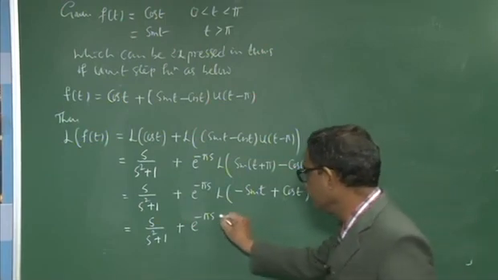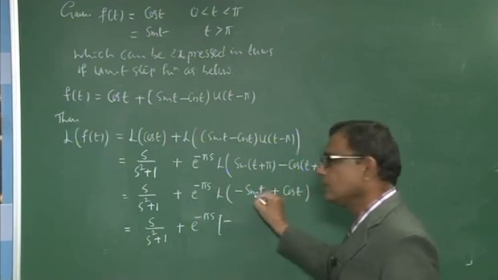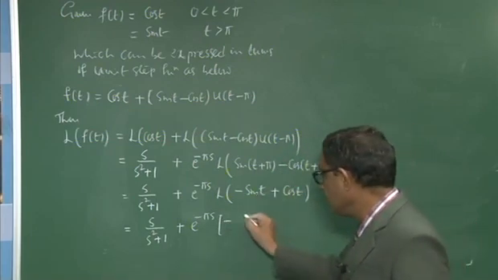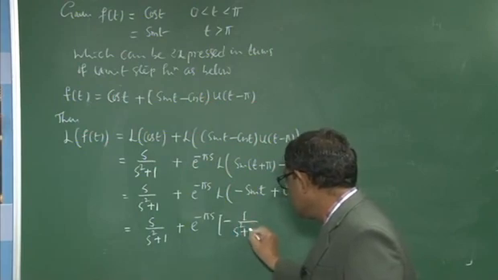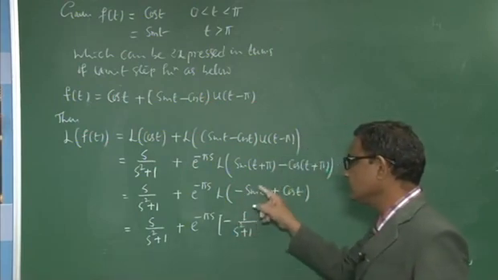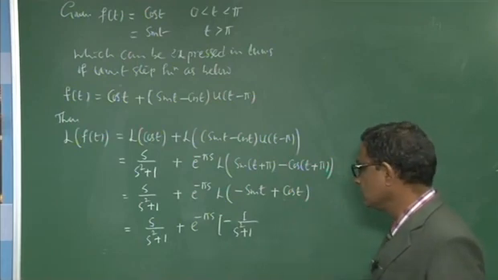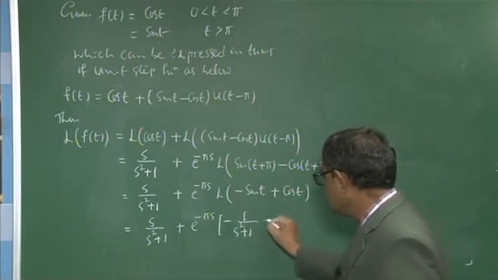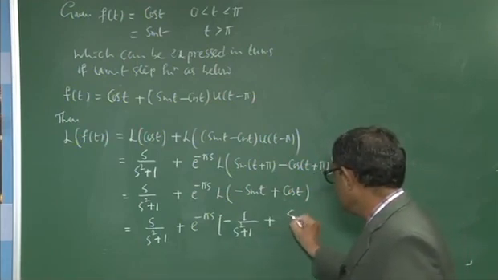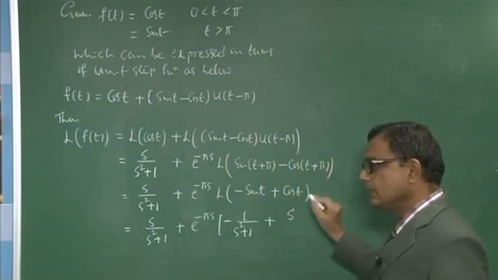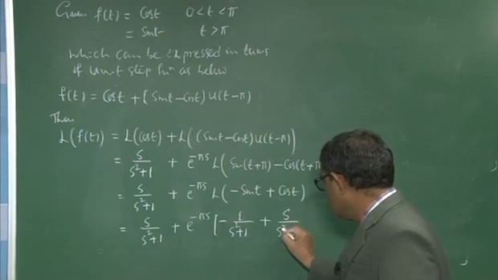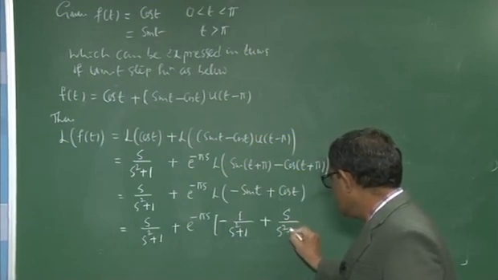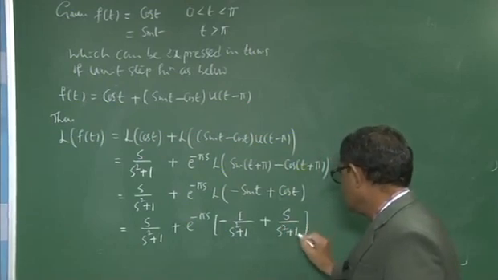First term, minus L of sin a t, standard formula a divided by s square plus a square, minus sin as it is, 1 divided by s square plus 1 square, it is 1 only, plus L of cos a t, s divided by s square plus a square, s divided by s square plus 1.